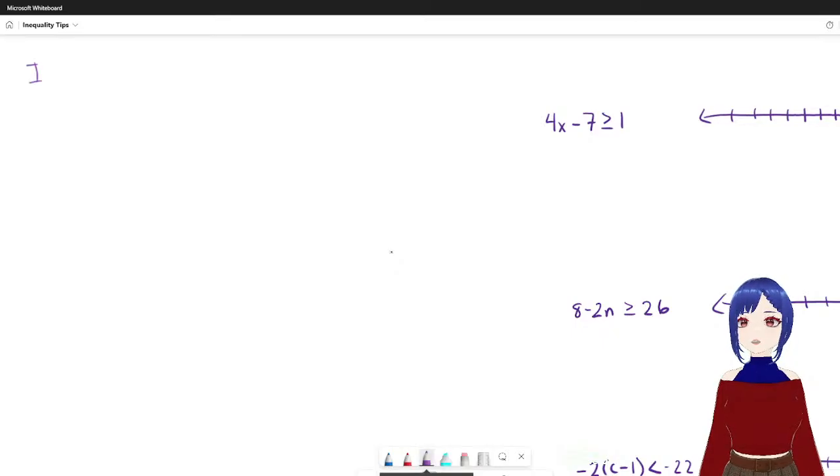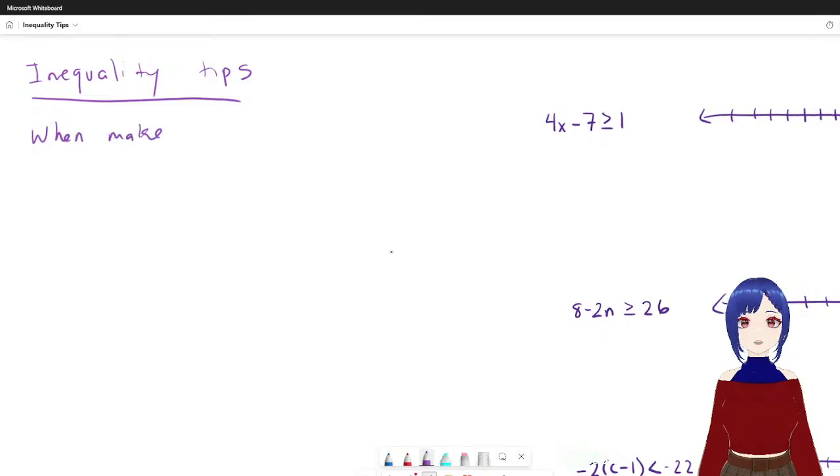So, inequality tips. My first tip with inequalities is we're gonna talk about in terms of graphing. So, when graphing, you want to make sure that the variable is on the left.